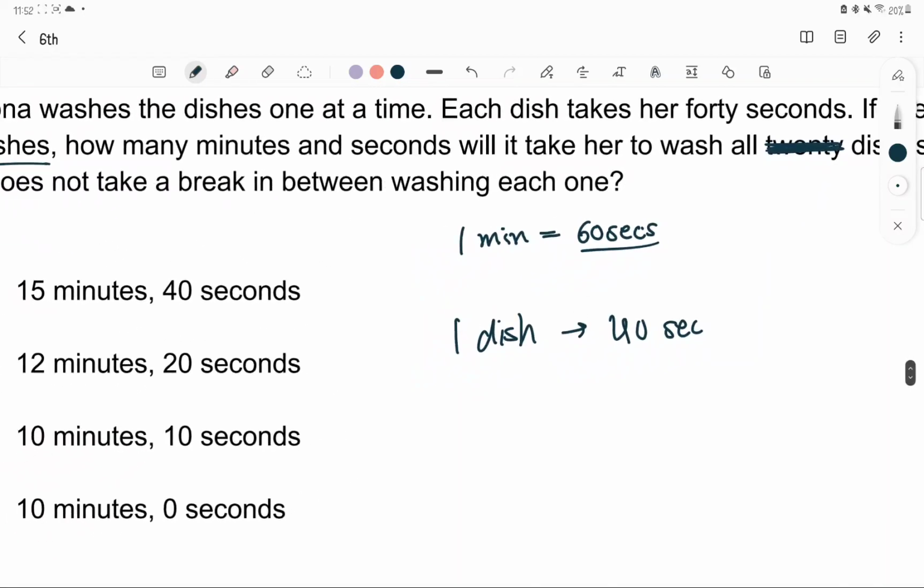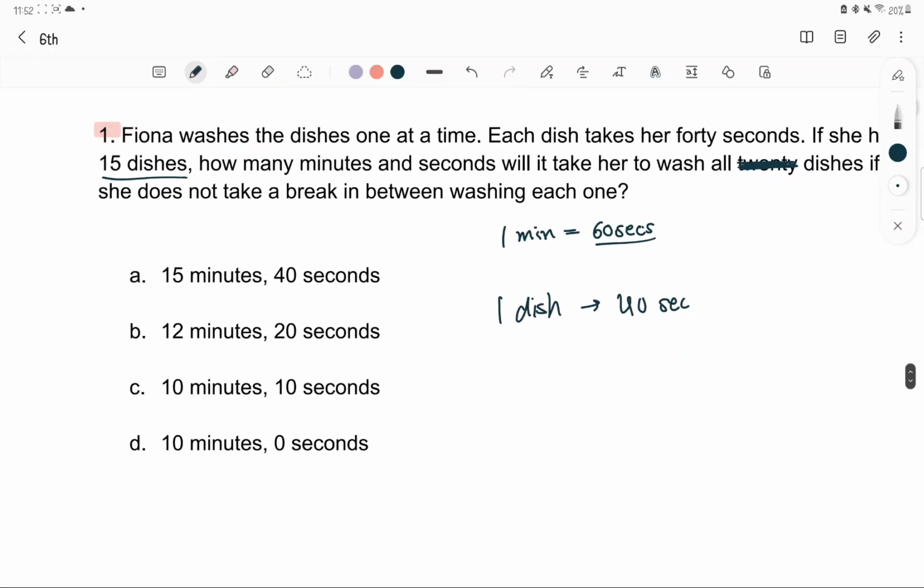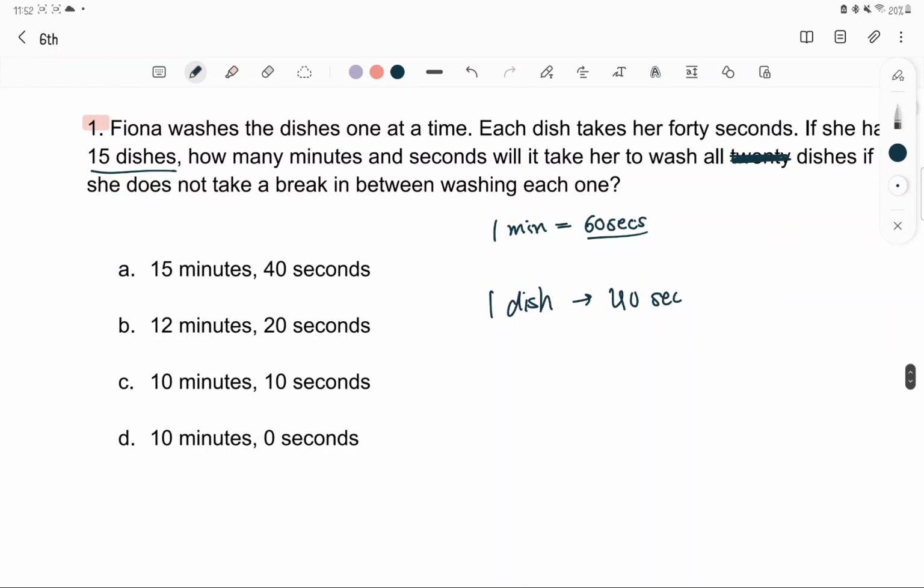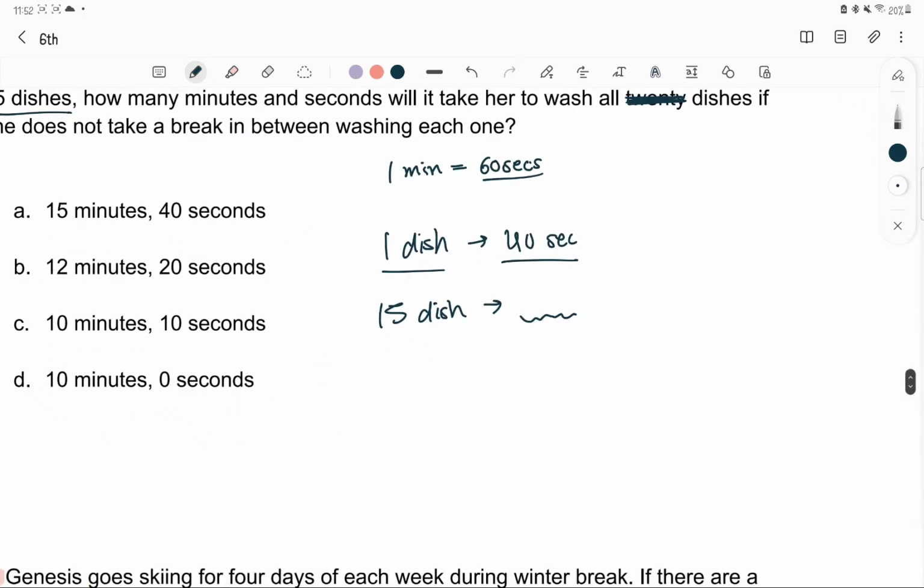The problem is one dish, 40 seconds, right? But she needs to wash 15 dishes, but you don't know how much time it will take. So how do you do it? Just multiply. 40 times 15 is 600, right? 600 seconds.